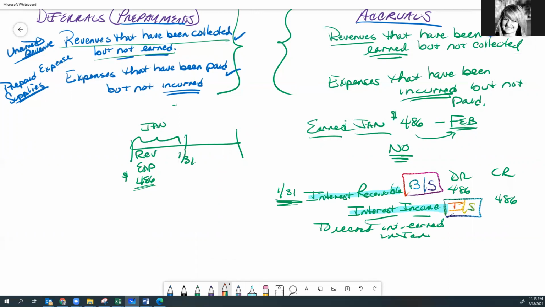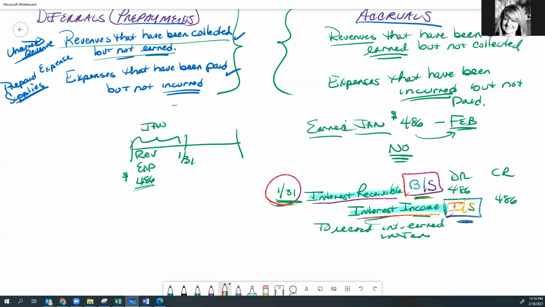So just like I told you with our deferrals and prepayments, this is an adjusting journal entry dated at the end of January, and it involves at least one balance sheet account and one income statement account. And if we don't make this adjusting journal entry, our assets are understated, and our interest income is understated.